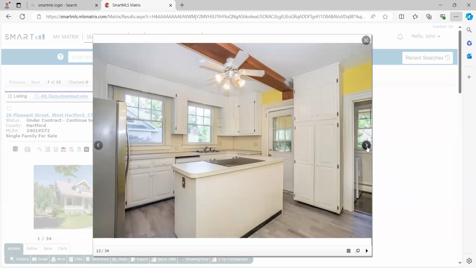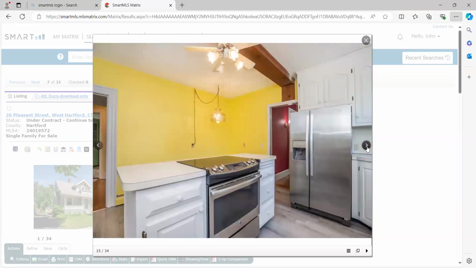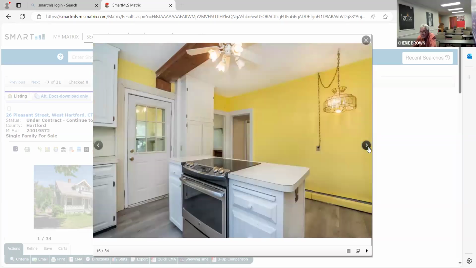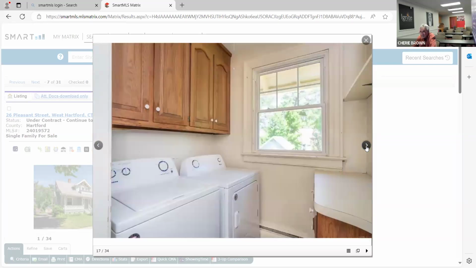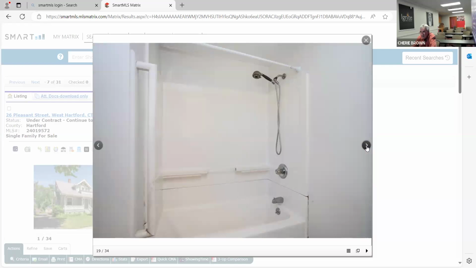And also some interesting color choices, which is not too much to write home about. There's a laundry area. So it's got some issues.